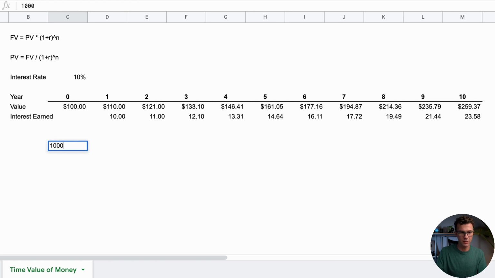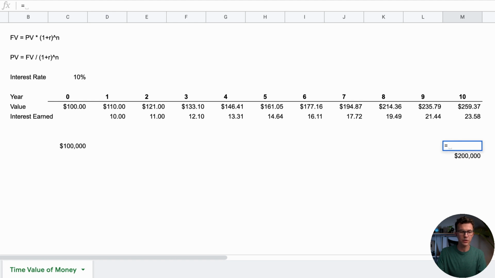If we go back to the example I mentioned earlier, let's say at time point 0, we have $100,000. And the other option is $200,000 out here. There are two ways we can figure out which one is greater, assuming this 10% interest rate.